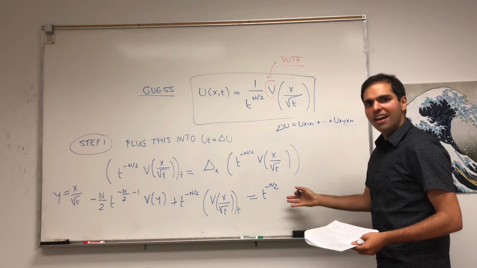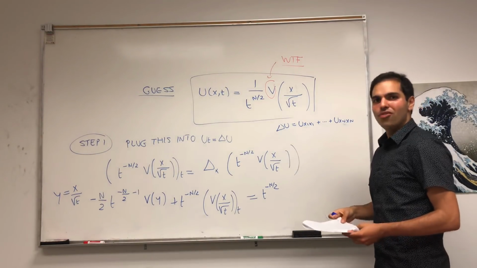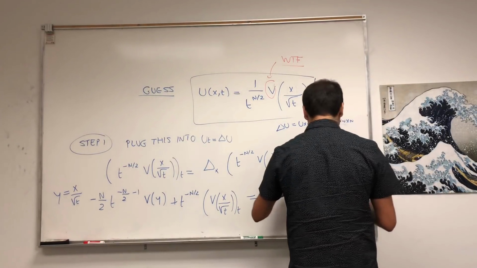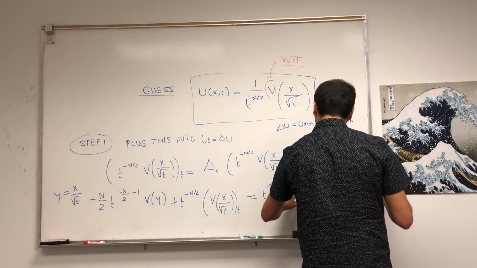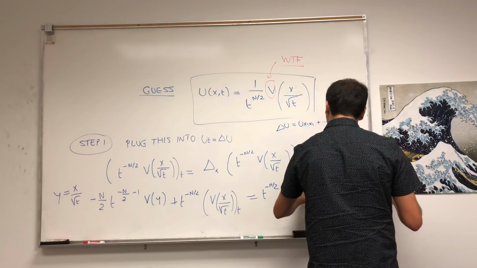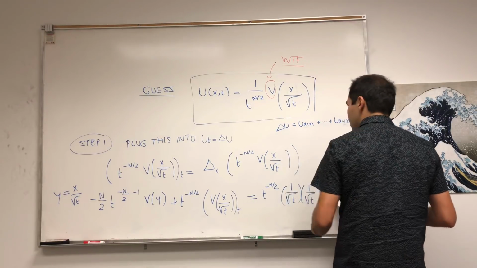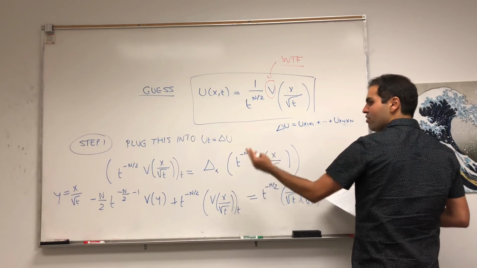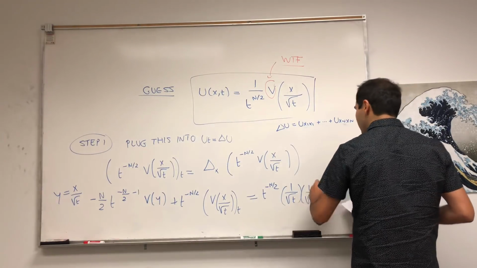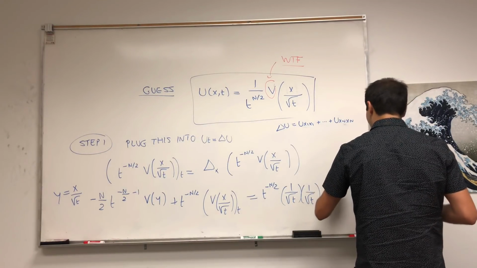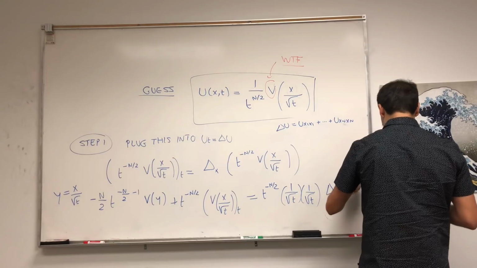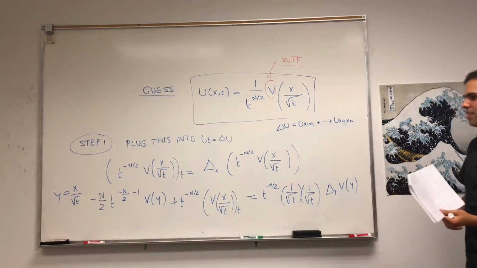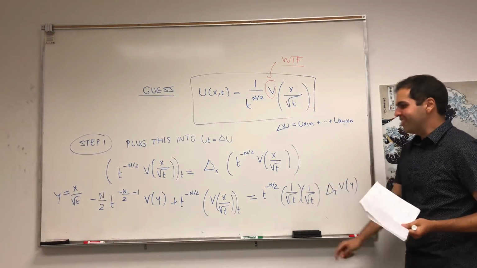If you do it twice, you get 2 factors of 1 over square root of t that pop out. So you get 1 over square root of t, 1 over square root of t, and the Laplacian with respect to the variables of v, which is just the Laplacian in y of v of y. We're almost, well, almost done with this part.